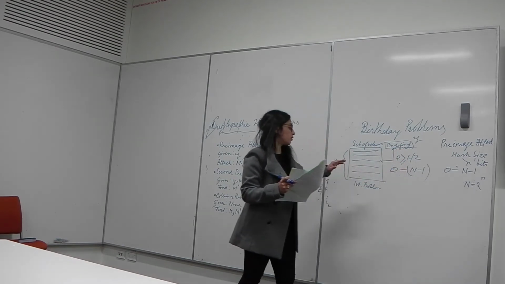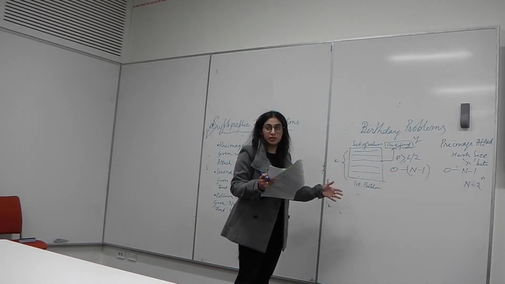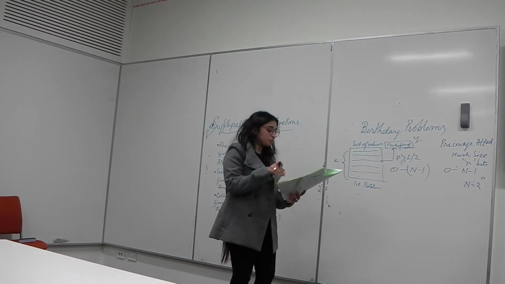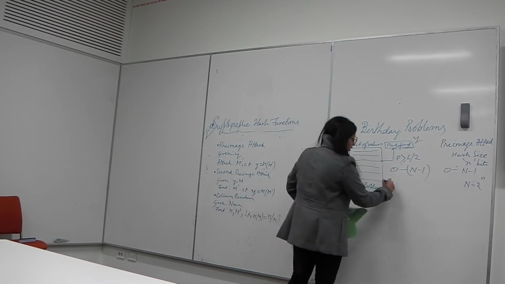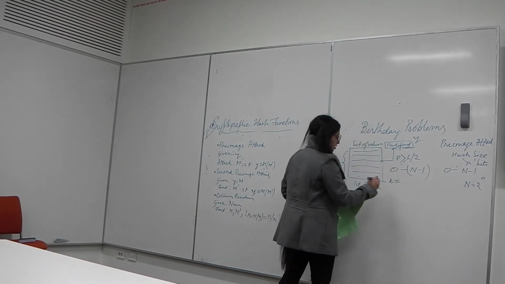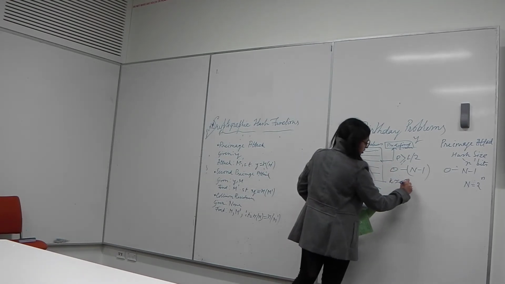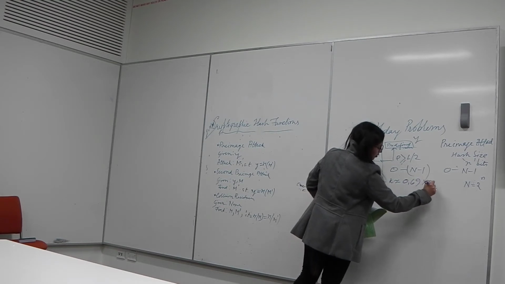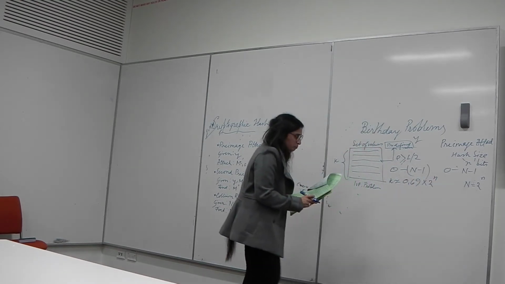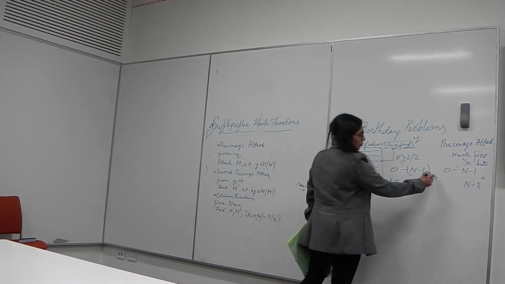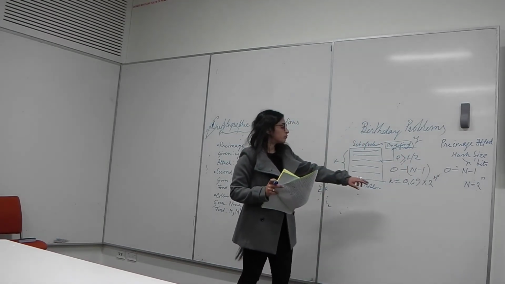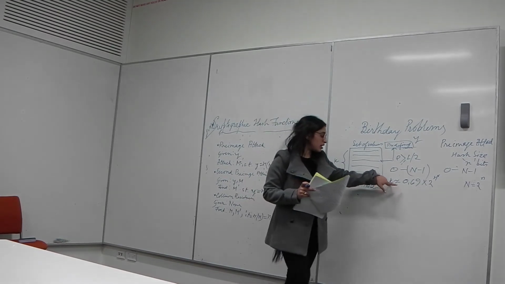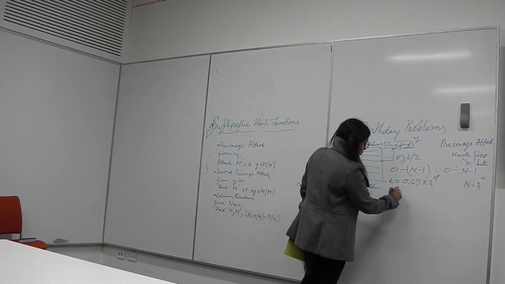This is relevant to the first birthday problem, and it says that the minimum size of k, where n is the size of the message digest, I'm not going to deduce this, should be proportional to 2 to the power n.